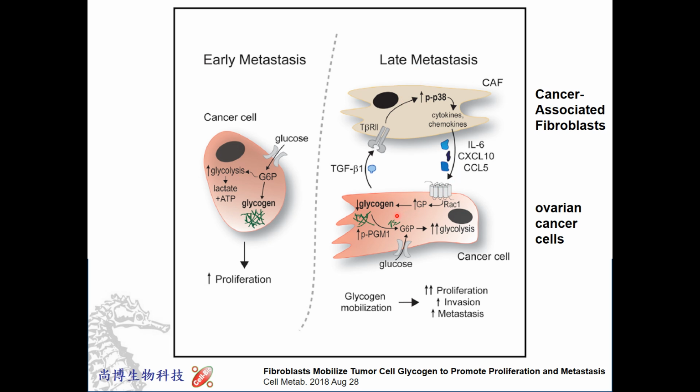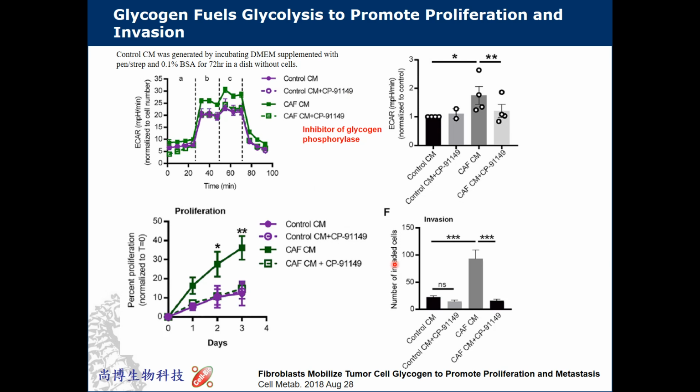Then the cancer cell will break down its glycogen to make its glucose efficiency even higher. Then it has enough extra energy to do more than just proliferation, invasion and the real metastasis. Also, let's see how the CAF conditioned medium increases the glycolysis efficiency.